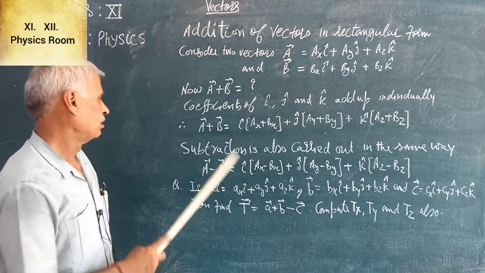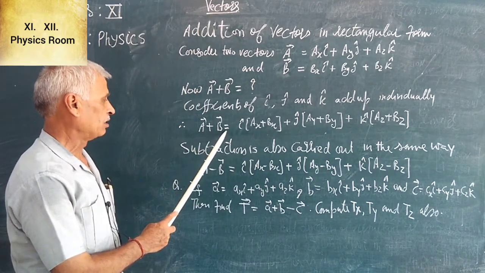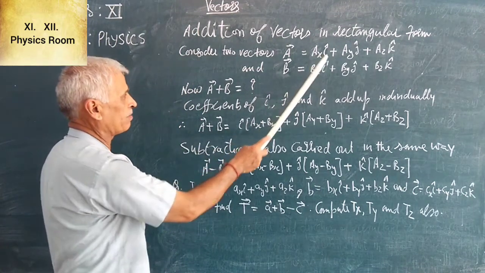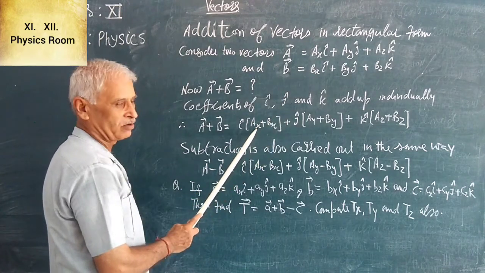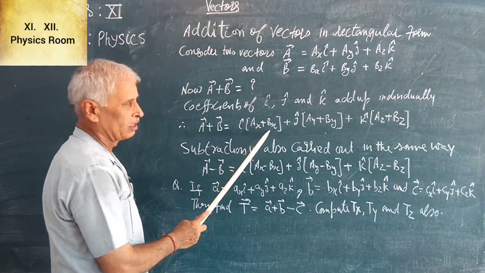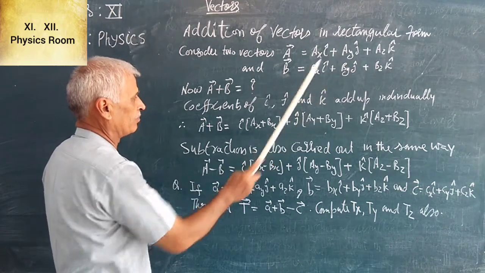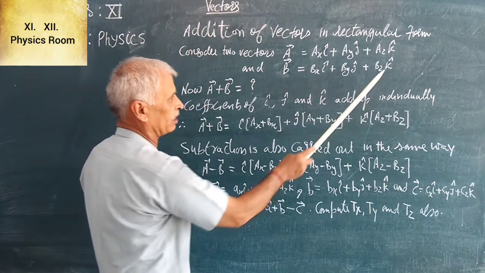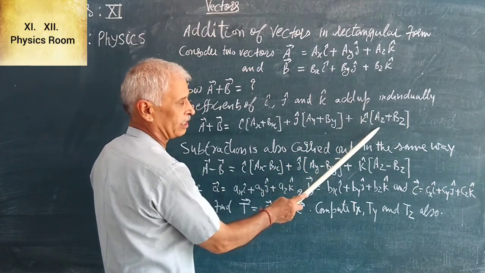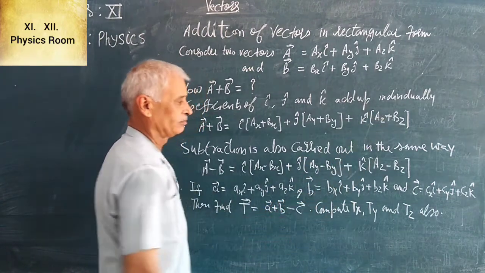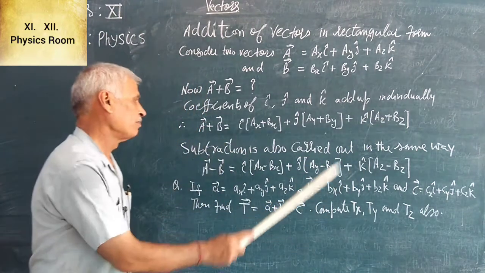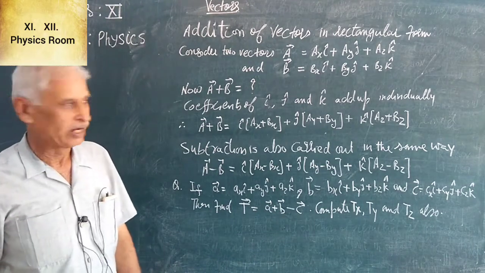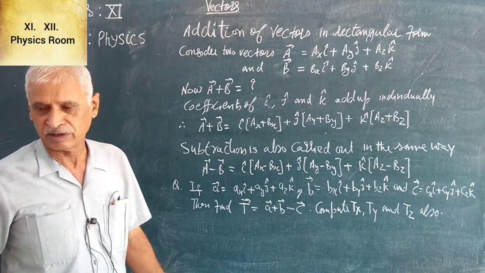So vector A plus vector B is equal to, we take I cap common, in bracket we write ax plus bx, we take j cap common, we write ay plus by, and we take k cap common, we write az plus bz. So this way we carry out addition of vectors when they are given in rectangular form.